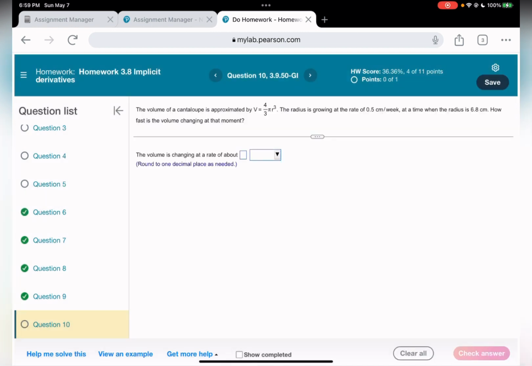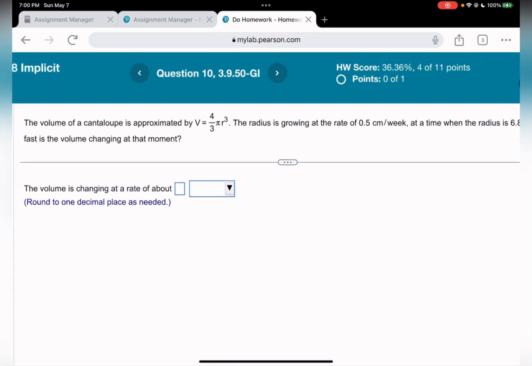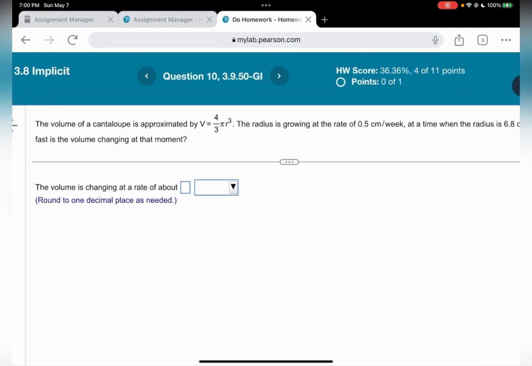We got question number 10, and we have 10 and 11, and we will be done. All right, let's see what we have here. The volume of a cantaloupe is approximately 4/3 pi r cubed.